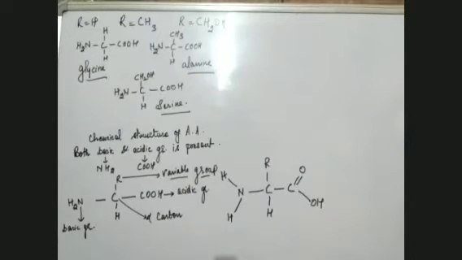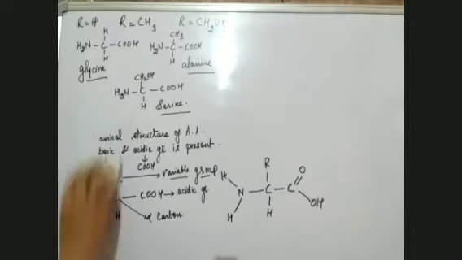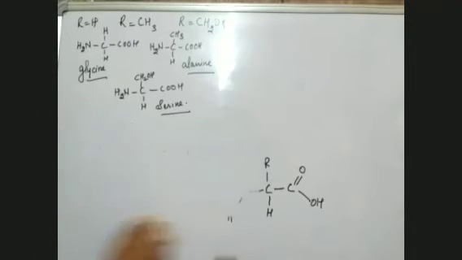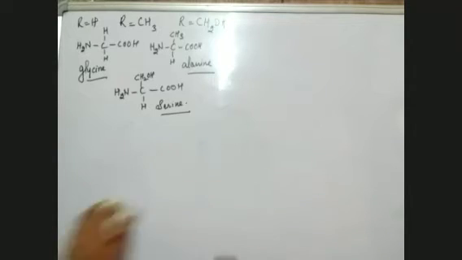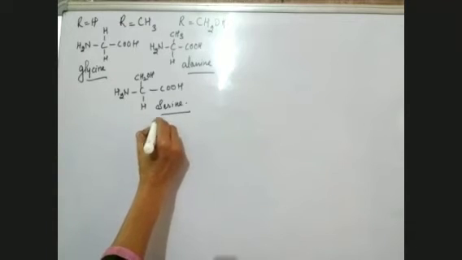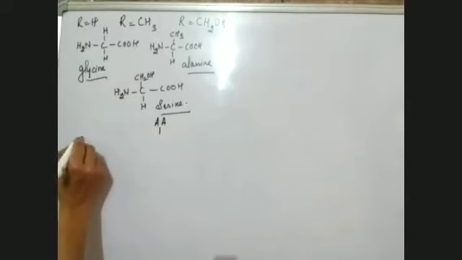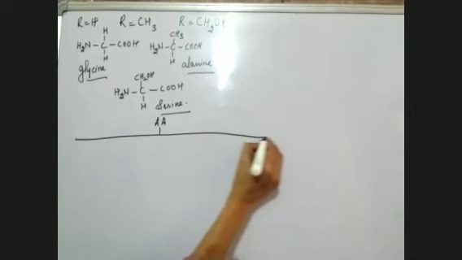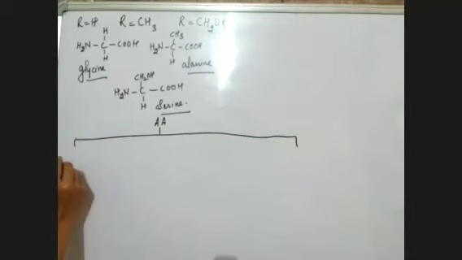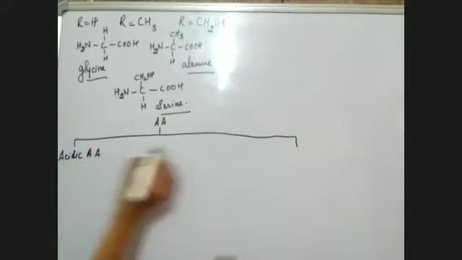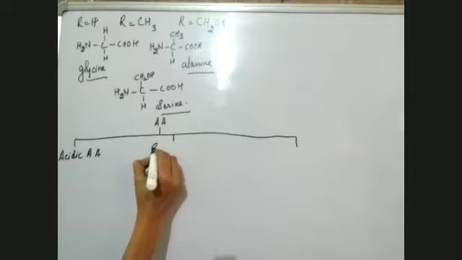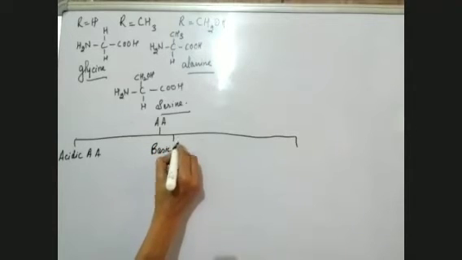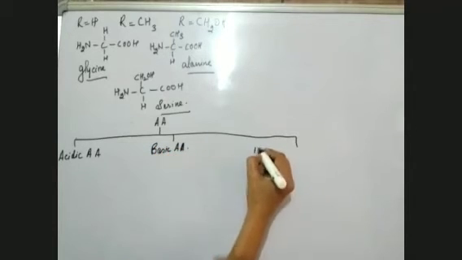Now, I'll tell you the types of amino acids. So for that, I'll erase this. The amino acids are of three types. They can be acidic amino acids, they can be basic amino acids, or they can be neutral amino acids.